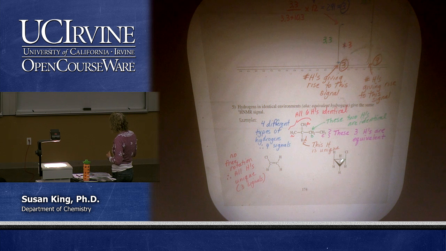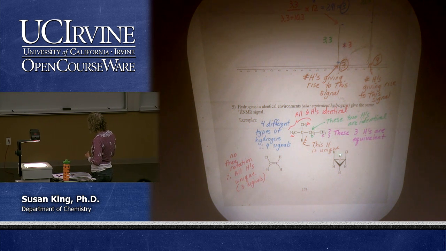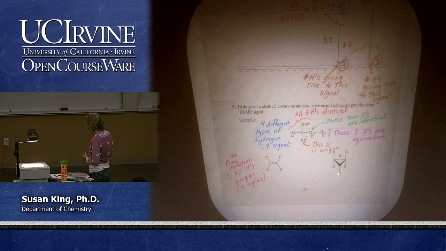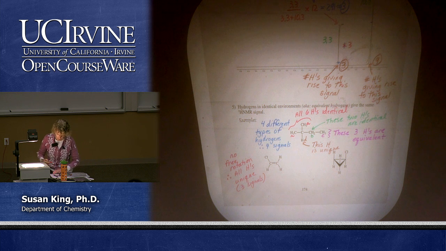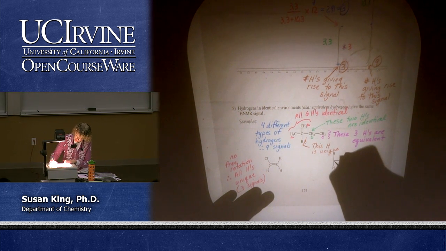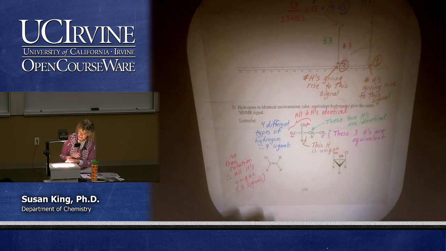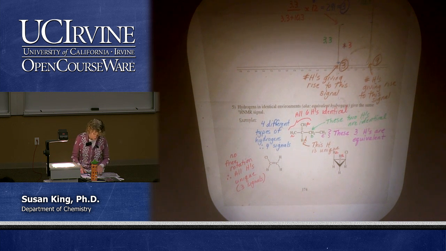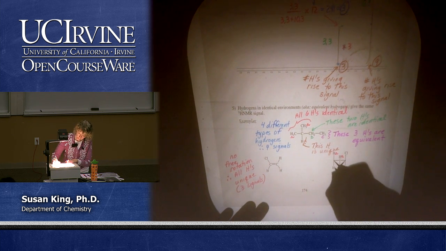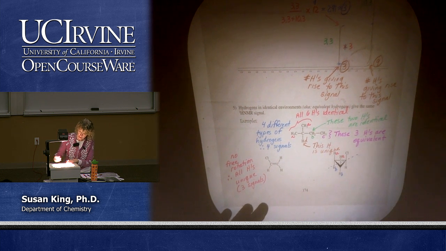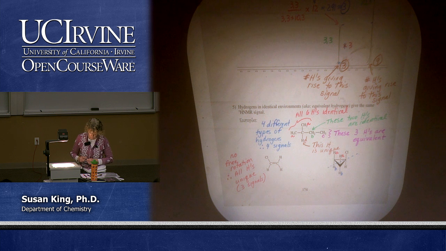You also want to look for planes of symmetry here. So it turns out this hydrogen on the top is not the same as this hydrogen on the bottom. Because this hydrogen's right next to the chlorine, so is this hydrogen. These 2 hydrogens on top are actually identical. These 2 hydrogens are identical. That hydrogen is unique. So we'll call this one HA, those are identical. And then we have HB. And this is all about the plane of symmetry that goes right here and cuts that molecule in half.